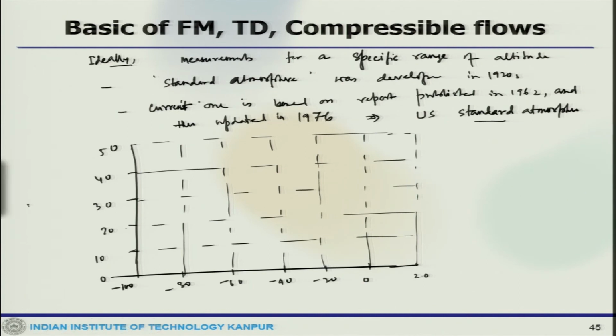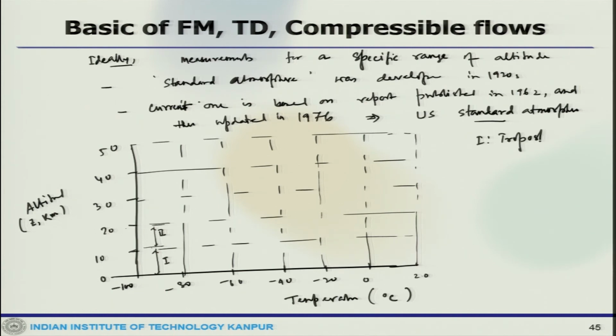This is altitude, that is Z in kilometer, and this is temperature in degree C. Up to a certain range this is zone 1 and let us say this is zone 2. So, zone 1 is troposphere and zone 2 is stratosphere.